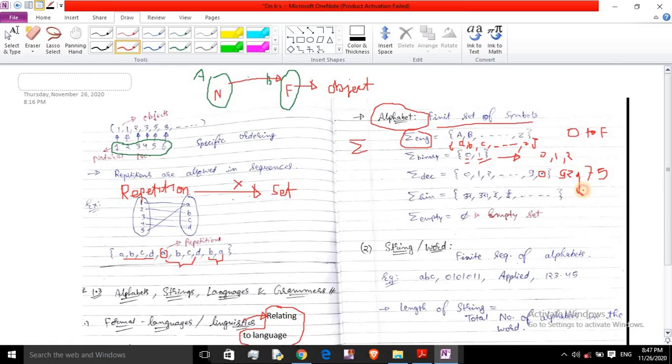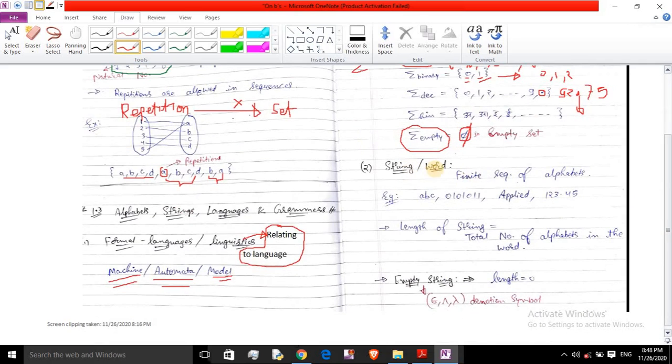This point is also a symbol of a decimal number. We also have symbols of the Hindi language. We also have the symbol of an empty set. We will not say any word, string or language; we will say an empty set, and it is denoted by the symbol phi. So this is all about the alphabet.